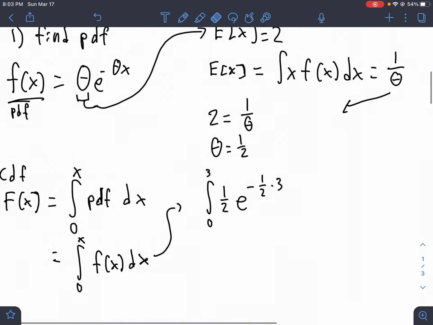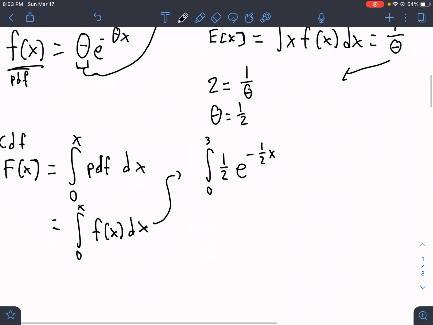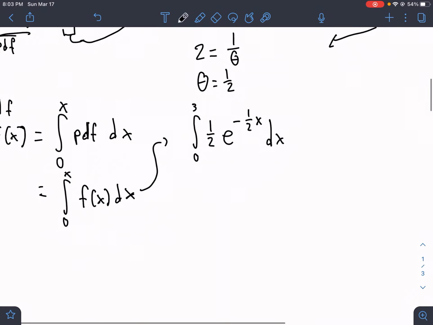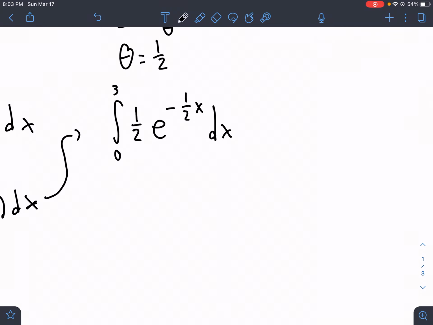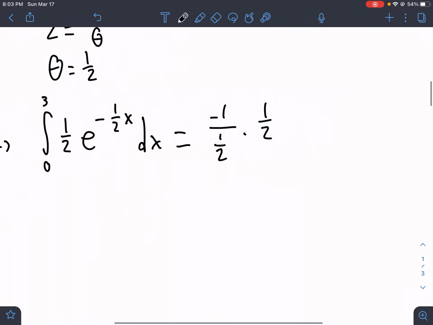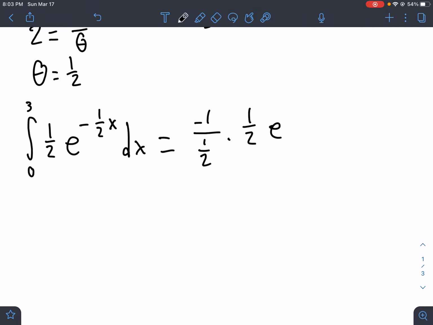Although actually, wait, here you don't plug in x yet. Okay, now we need to solve this integral. So I believe you can just integrate this with the chain rule. This is negative 1 over 1/2 times 1/2 e to the negative 1/2 x. And then these cancel out.